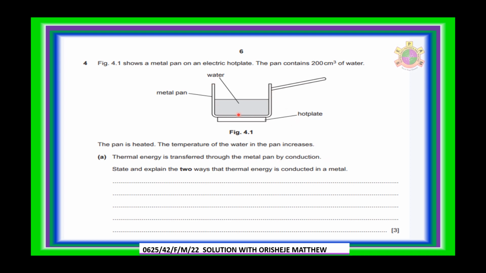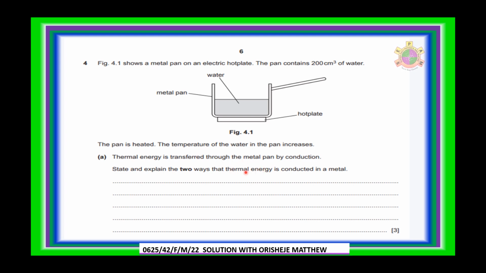State and explain 2 ways that thermal energy is conducted in a metal. So what they are interested in here is explaining, in terms of molecular theory, how heat or thermal energy is transferred through the method of conduction.